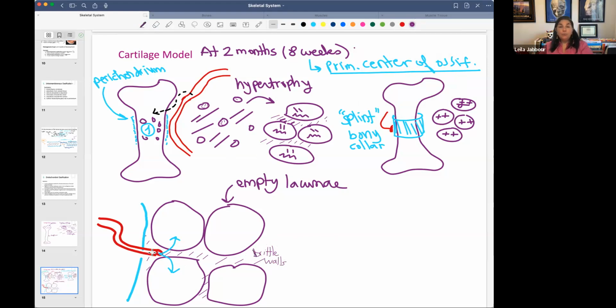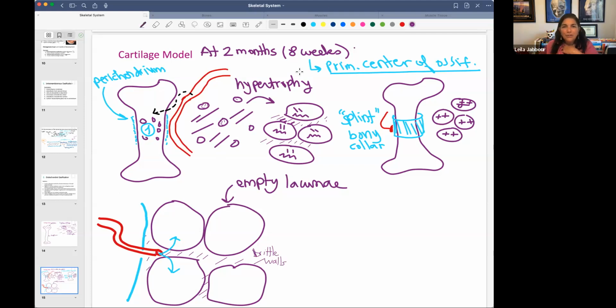Okay, so because the walls are brittle, when this blood vessel gets through a hole in the bony collar and gets into the matrix, this very brittle matrix.